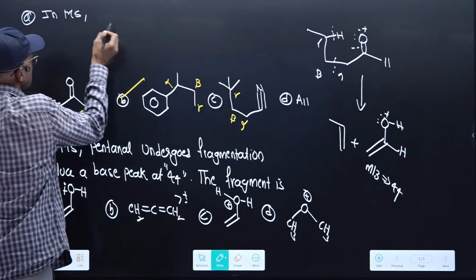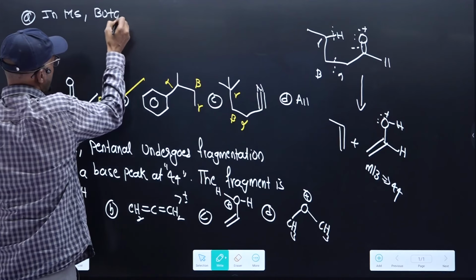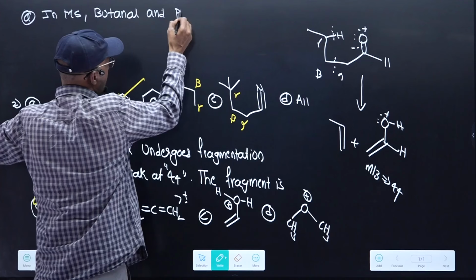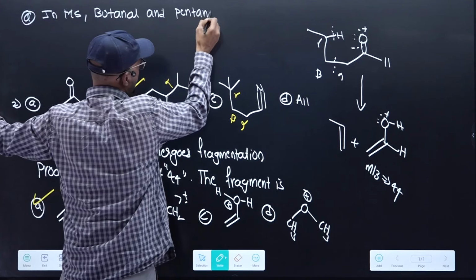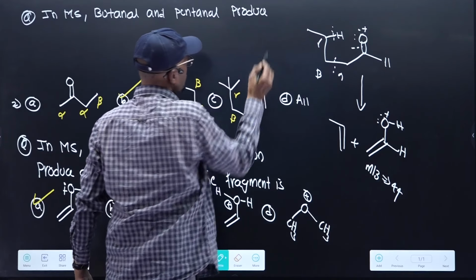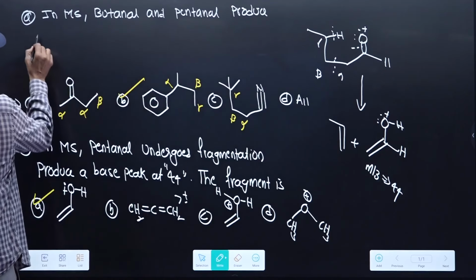One more. In mass spectrum, butanol and pentanol produce base peak.